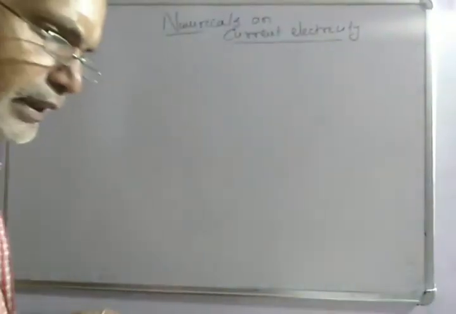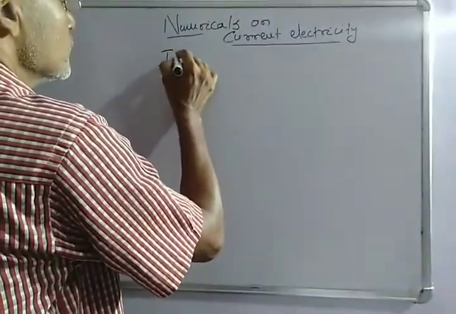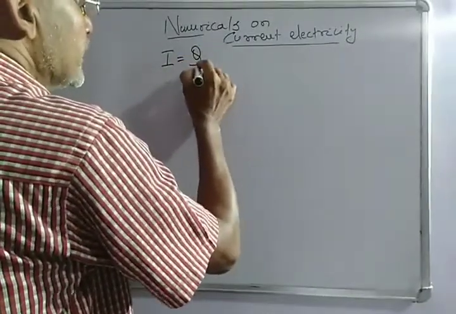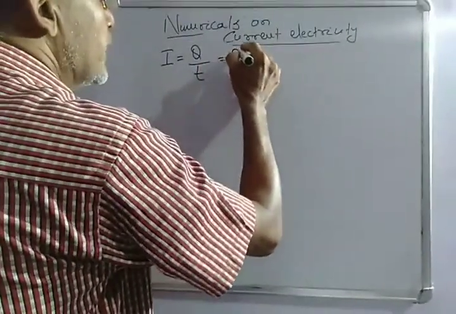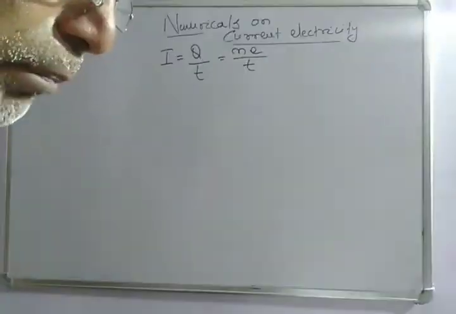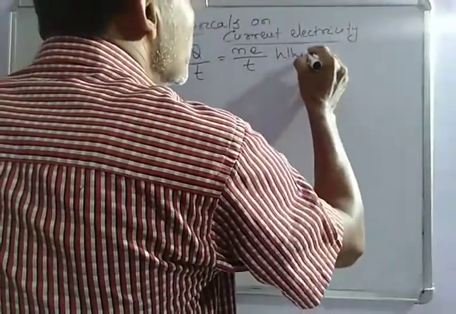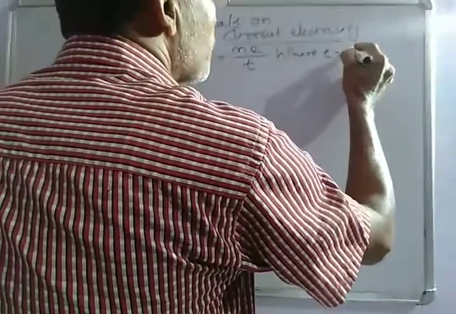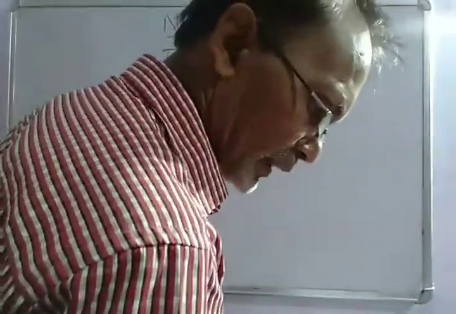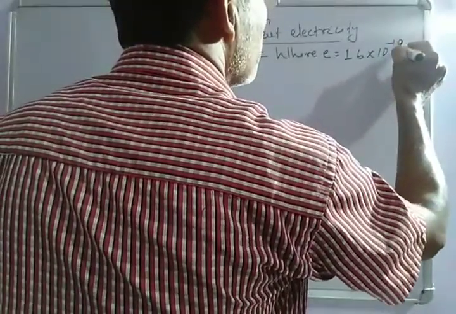Question number 3 uses these formulas. I is equal to Q by T, and Q is equal to N into E, so I is equal to N into E by T, where E is equal to 1.6 into 10 to the power minus 19 coulomb.